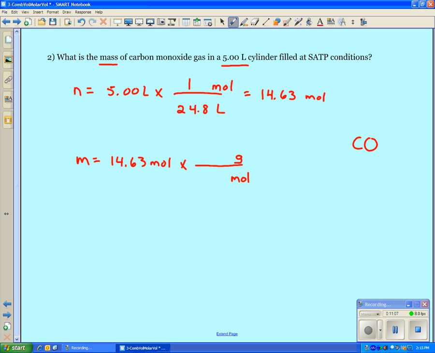Carbon monoxide is CO, so you need to add together 12.01 for the carbon and 16.00 for the oxygen. So 28.01 is going to be our molar mass that we want to use. 28.01 grams for 1 mole. Multiply those two numbers together and your answer comes out to 410 grams for the mass of carbon monoxide.